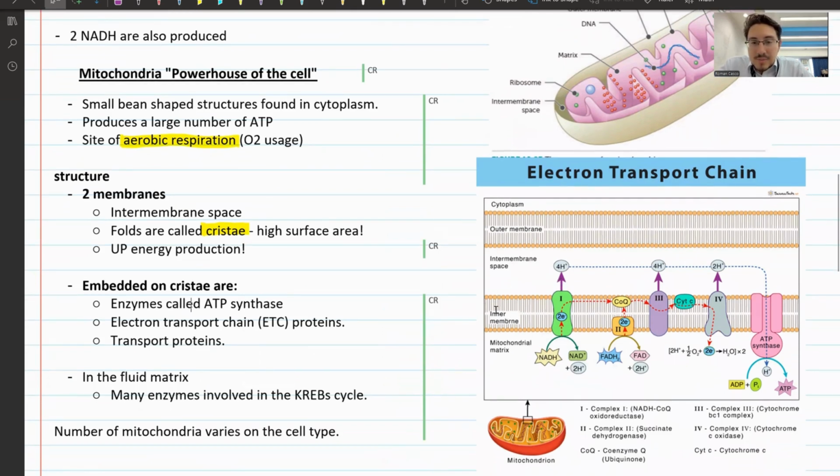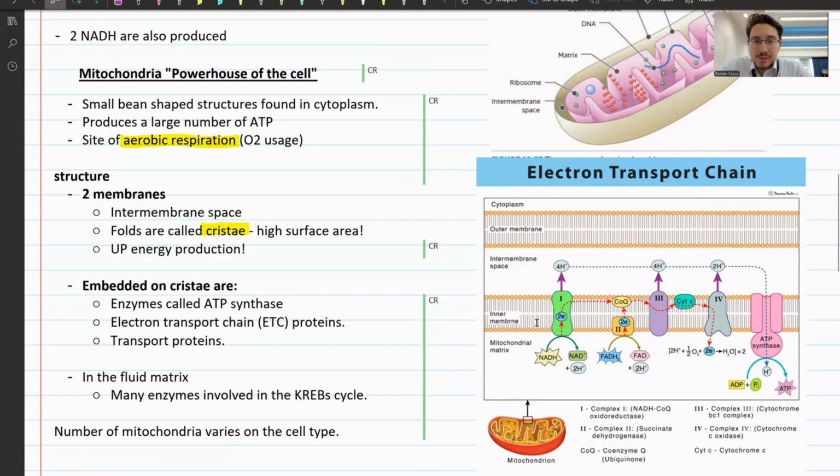Here you have this inner membrane, the little pink membrane that you see here, and then the outer membrane, the upper part. You have this intermembrane space, and then you have the matrix, the fluid that's inside the inner membrane.